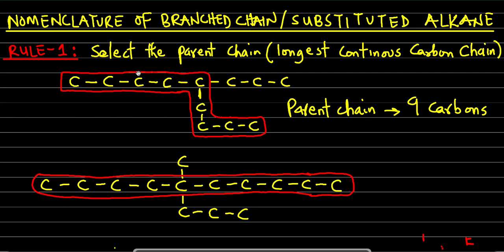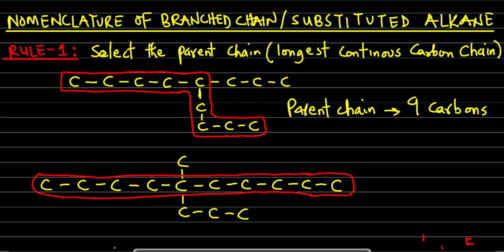It must not necessarily always be horizontal. Oftentimes people might just assume that the parent chain must always be horizontal. No. If you check this horizontal, this is carbon 1, carbon 2, carbon 3, carbon 4, 5, 6, 7, 8. This horizontal has 8 carbon atoms. But if you count it and go down, which is 1, 2, 3, 4, 5, 6, 7, 8, 9, you realize that this is longer.